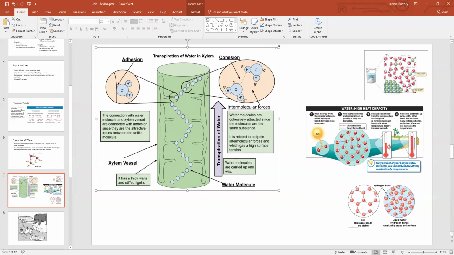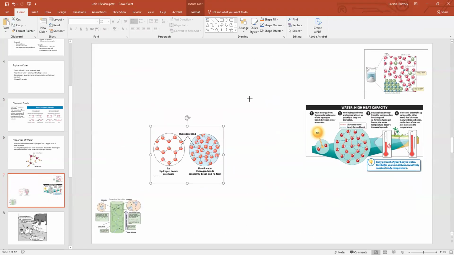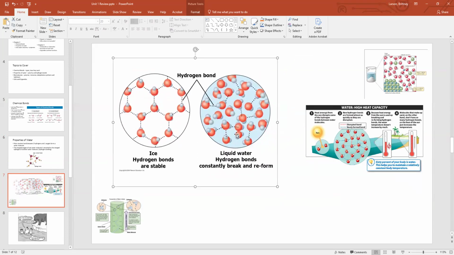So let's actually start with the idea of this hydrogen bond in ice. Remember I said the hydrogen bonds are constantly breaking and reforming in liquid water. It's like milling around. You're talking to somebody and then you go talk to somebody else and then somebody else, and it's just like you're floating around the room, and that's what water molecules do.